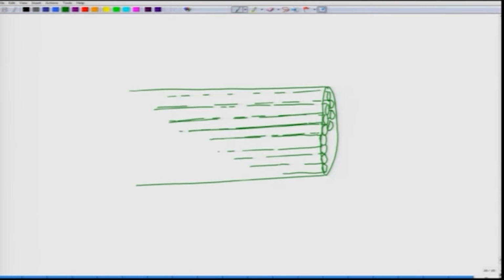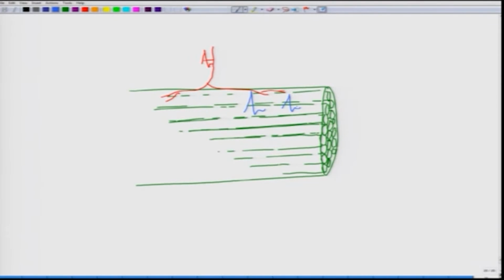Your synapses are happening at the upper surfaces, so synapses are happening here. Electrical signals come like this, and an electrical signal is generated by this muscle.